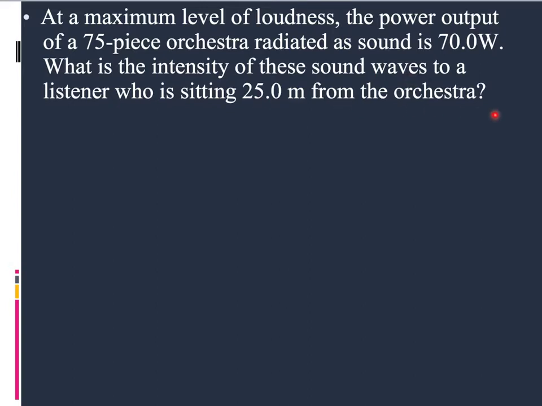So we have our equation that we learned where intensity equals power divided by 4 pi r squared, and don't forget that's all under that divide sign. As I just said, the power we can identify from the watts, 70 watts, and then we have the radius being 25 meters.